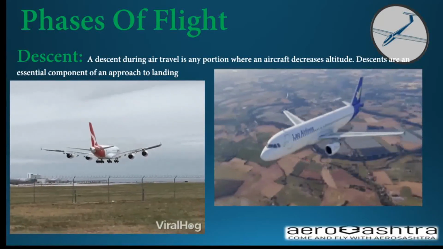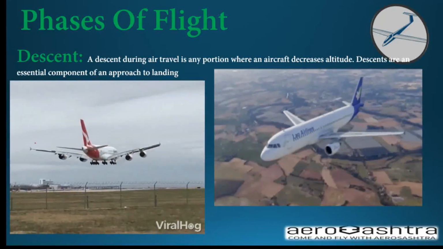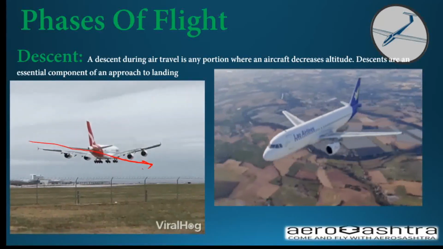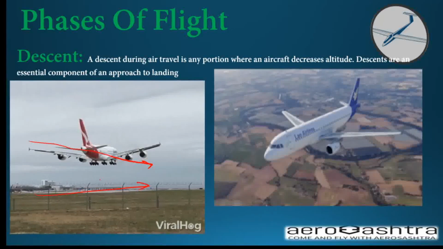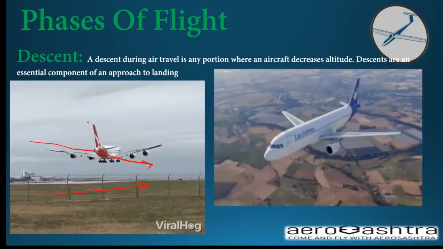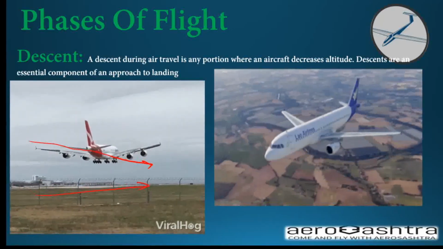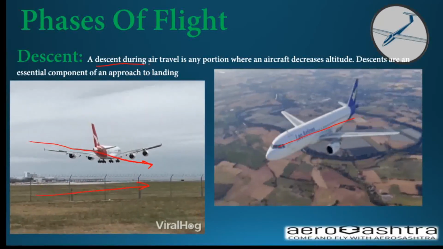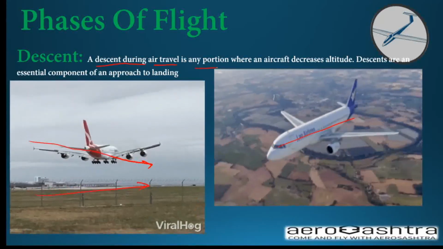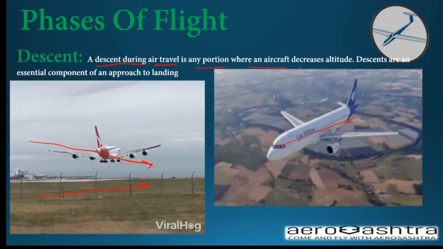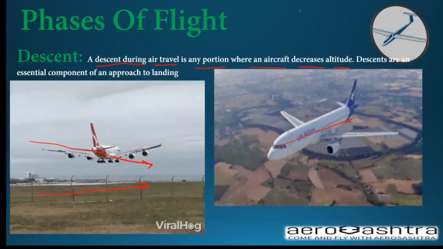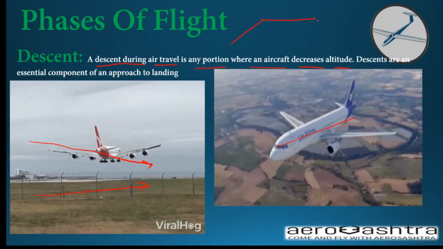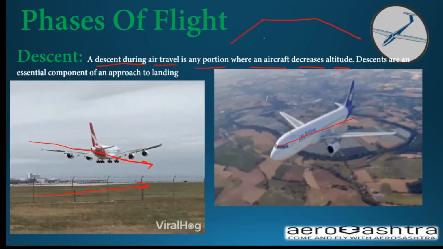In the descent phase, you see one aircraft approaching towards the runway. This is what is called the descent phase. Here the descent phase has been started in this condition. A descent during air travel is any portion when the aircraft decreases altitude. It has climbed, then it has cruised, then it will try to descend.